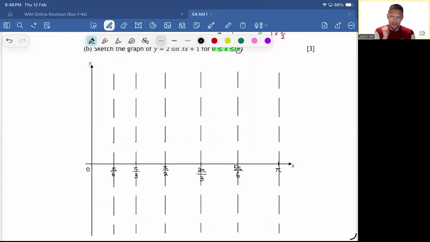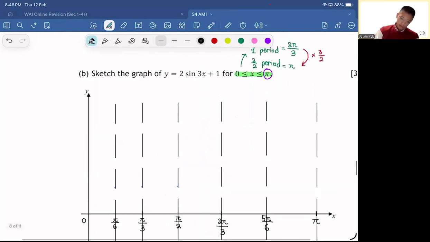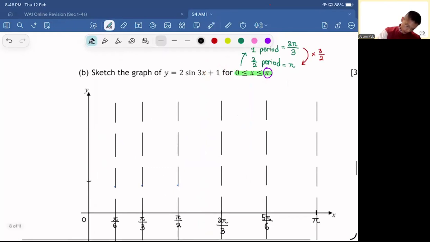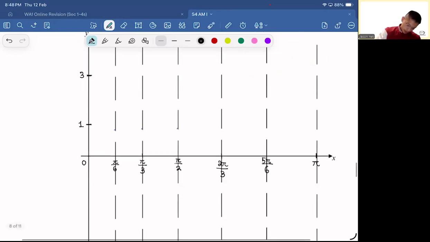Then before I draw, I like to note 2 things. One, my center line. So my center line, which I draw, okay, here. Two, after the center line, where is the amplitude? Amplitude 2, 1 plus 2 up is 3. 1 minus 2 down, minus 1.